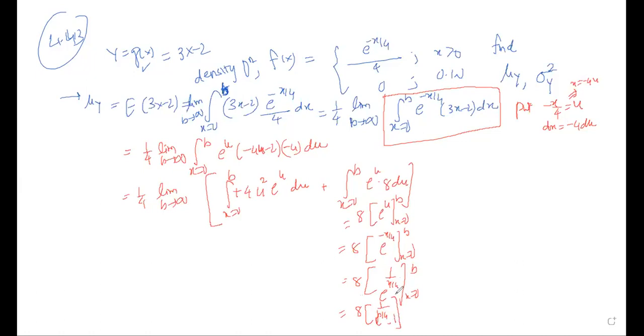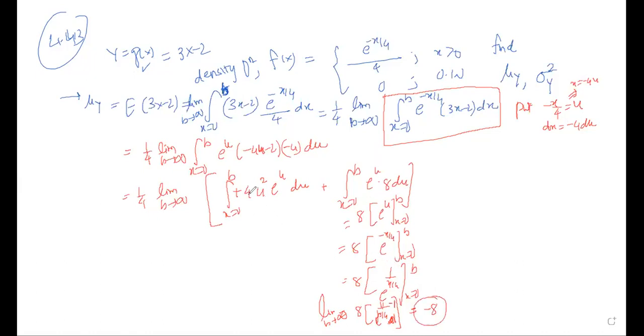E to the power 0 is 1, right? So actually minus 1 over here. And now I have to pass this limit also. If I take limit as b tends to infinity, this is infinity. 1 over infinity is 0, minus 1. So this part is simply negative of 8.